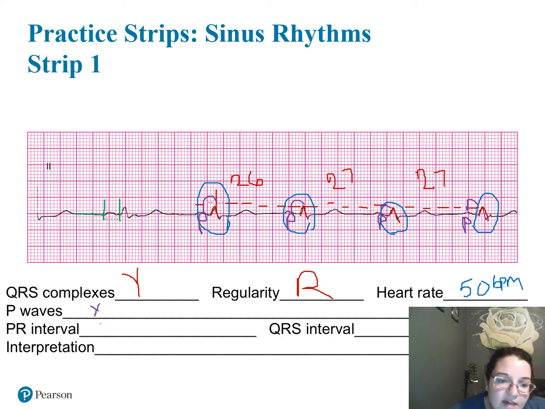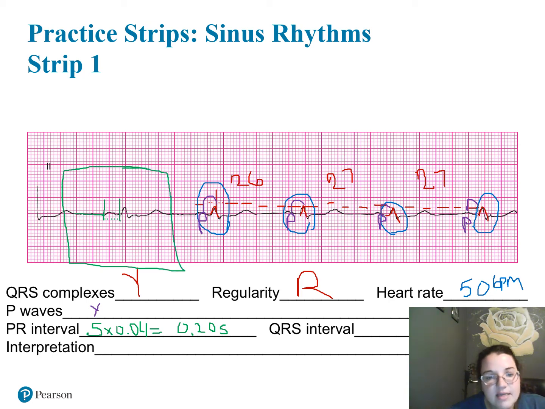I counted 5 little boxes times 0.04 seconds, which is going to give me 20. And that's going to be 0.20 seconds.